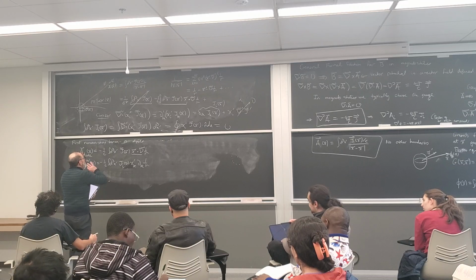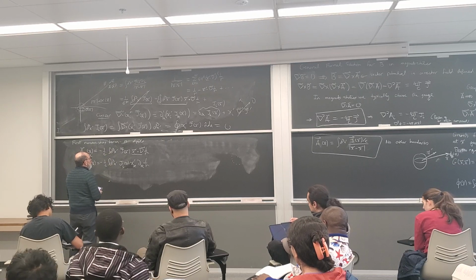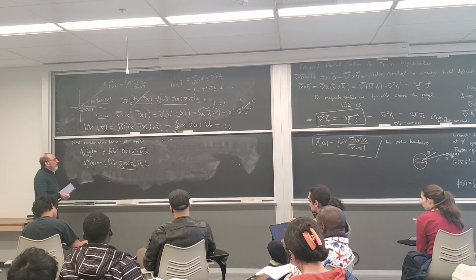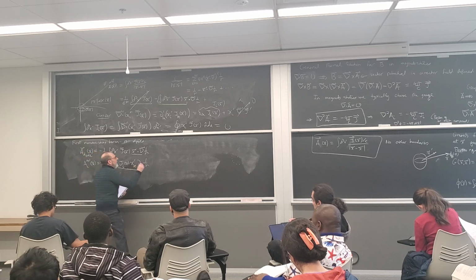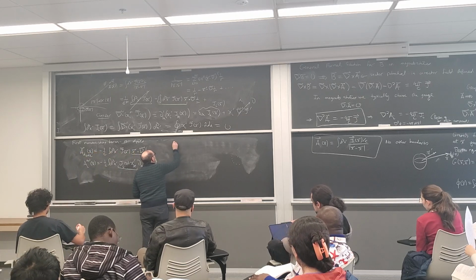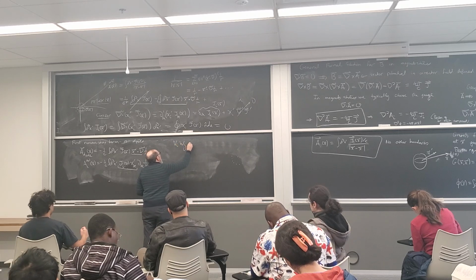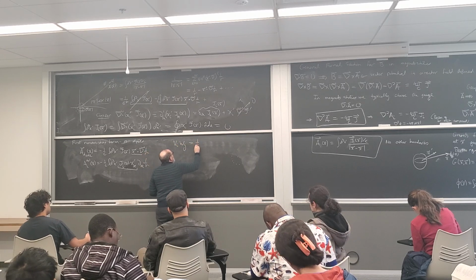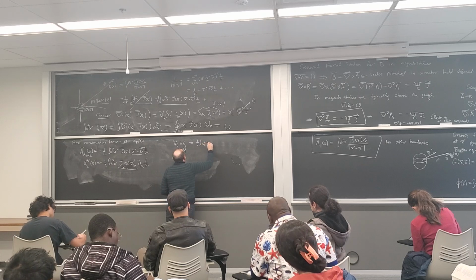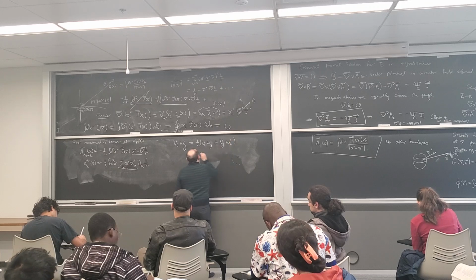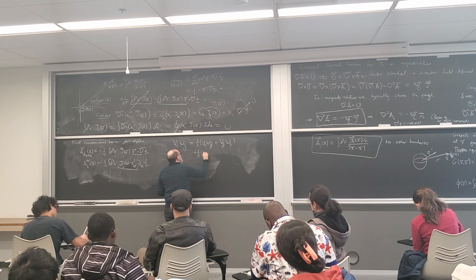Okay, so let's talk about this. We have this tensor. We play a trick here. I can take any outer product, say V, and break it up into a symmetric part and an anti-symmetric part.